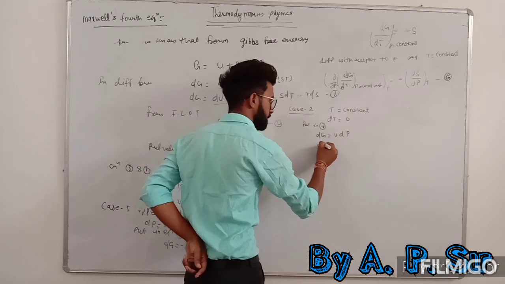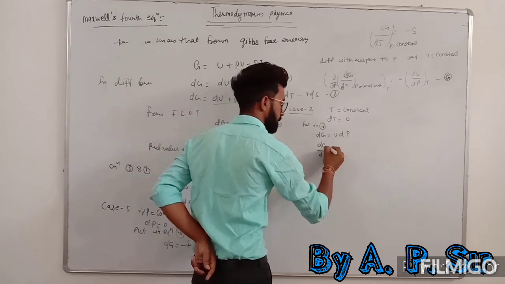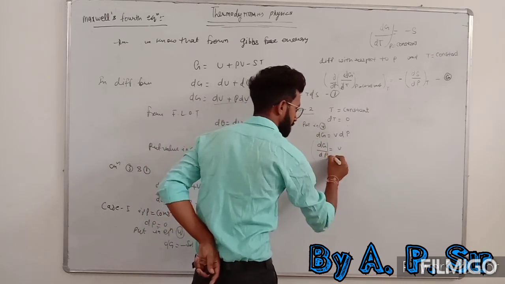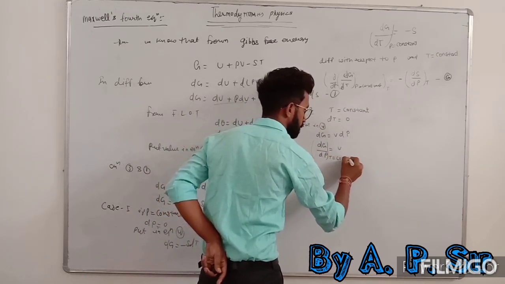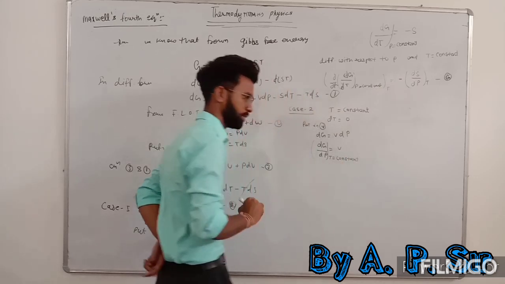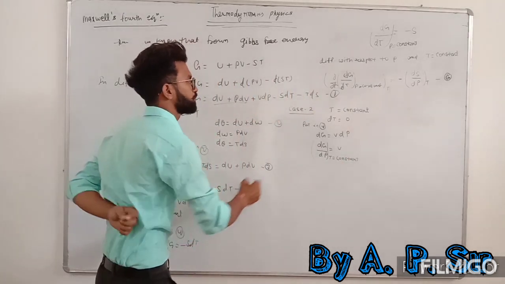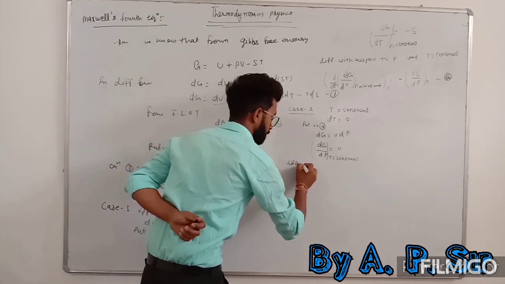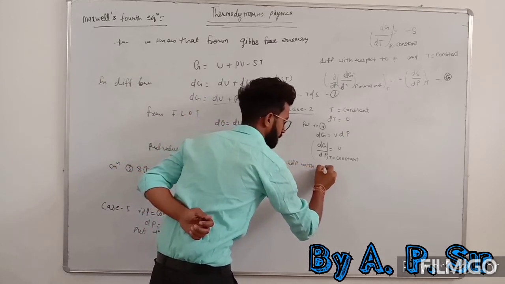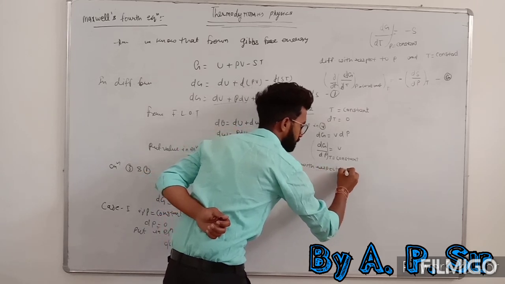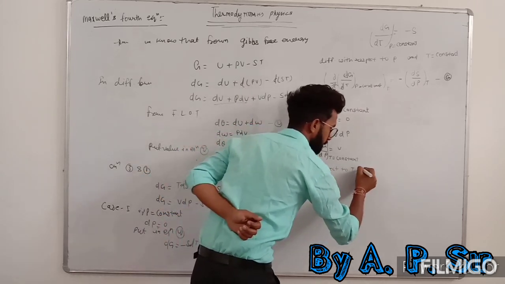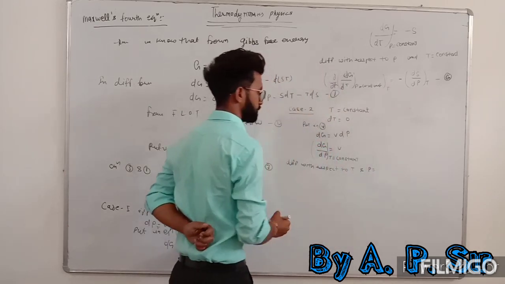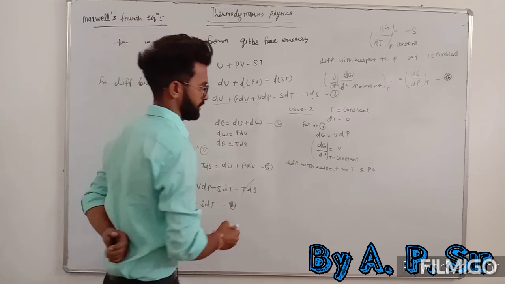Then dG upon dP equals V, where T equals constant. The next, differentiation with respect to T, and P equals constant.